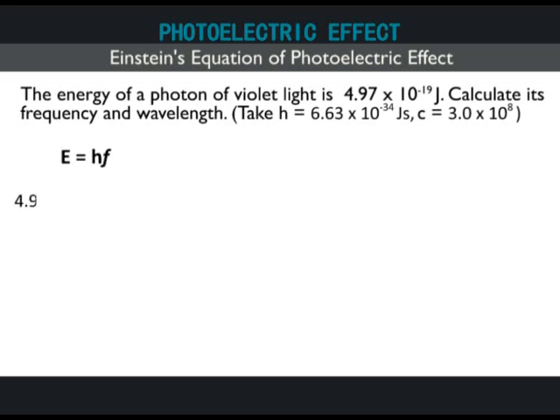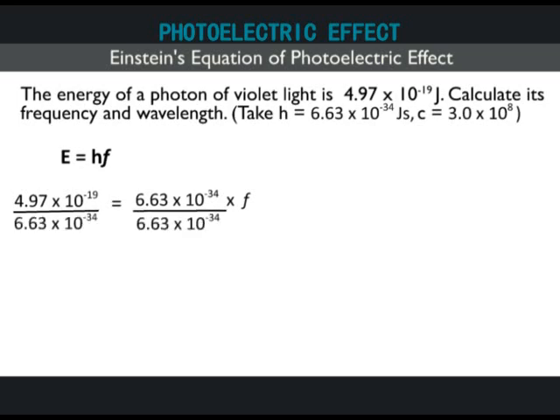So 4.97 times 10 to power negative 19 is equal to 6.63 times 10 to power negative 34 times frequency. To get frequency, we divide both sides by 6.63 times 10 to power negative 34. That gives us frequency is equal to 7.50 times 10 to power 14 Hertz.